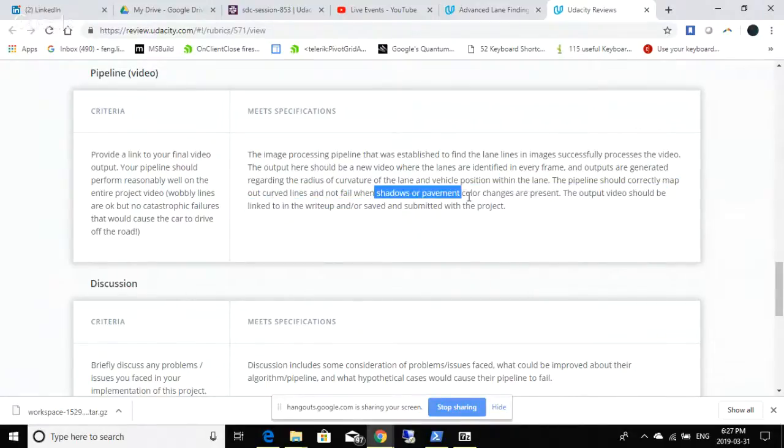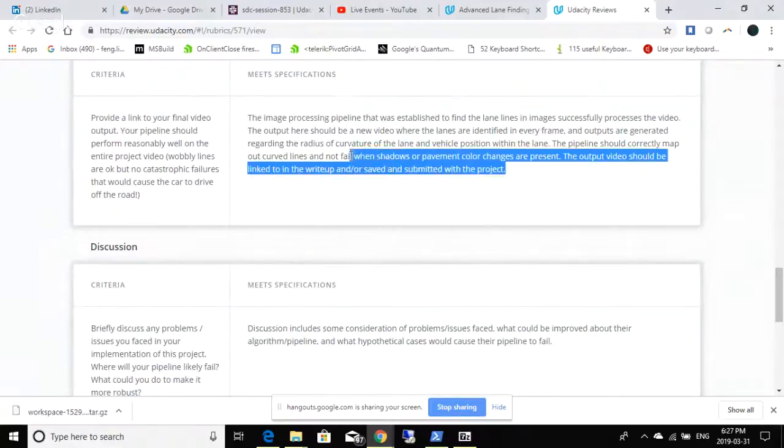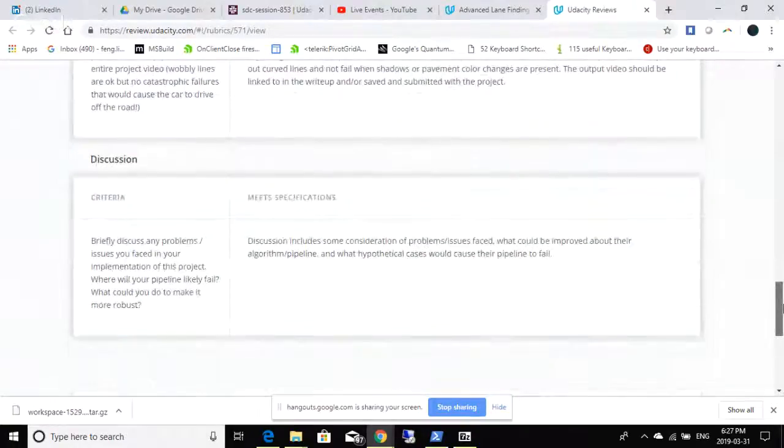Some hint here is that you could change your gradient or your HLS value when you see more shadows, I suppose. There is some more extensive research done here. I figure that's one thing to do.